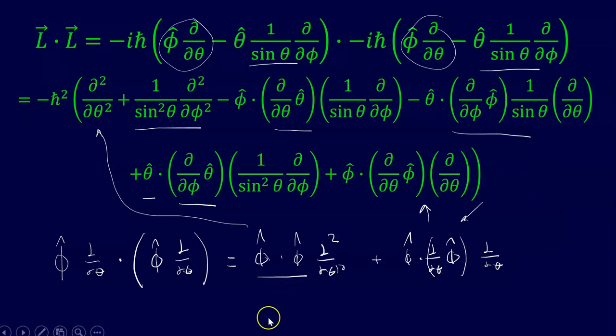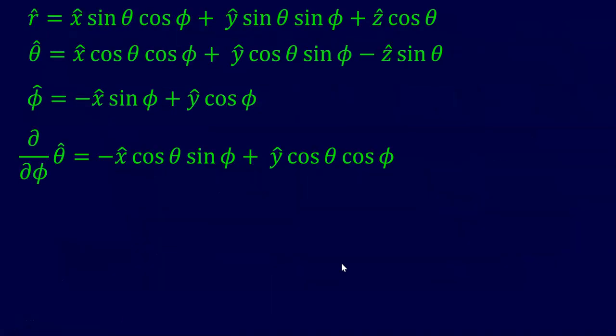So how do we determine exactly how these unit vectors depend on the angular coordinates? The way we do that is we take these relationships here. Again, if you go back to my rather lengthy video on spherical coordinates, we justify these equations relating the spherical coordinates to the Cartesian coordinates, and that's one nice way to do this.